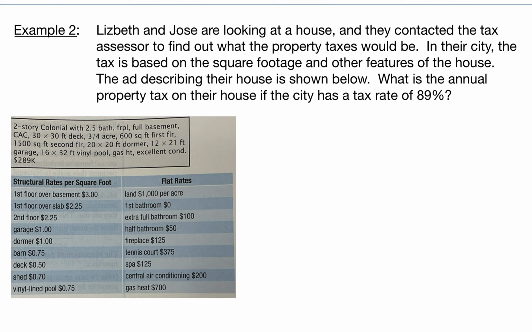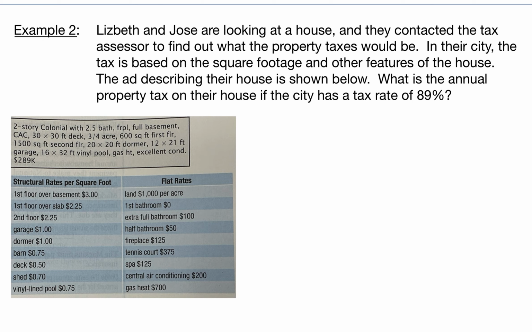Below this example, this ad describes their house, and the question is, what is the annual property tax given all of this information, and if the city has a tax rate of 89%.